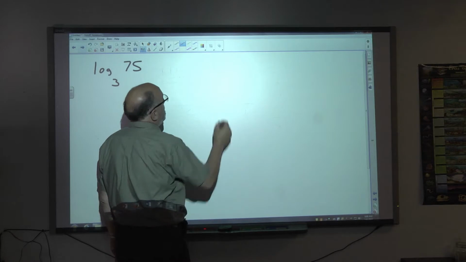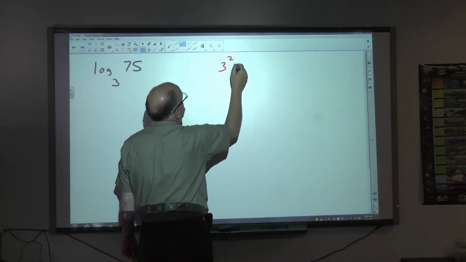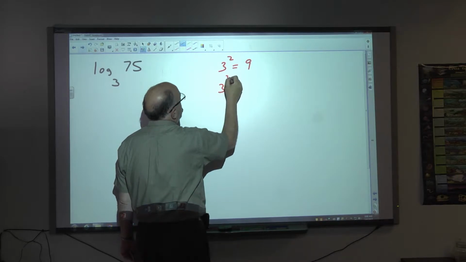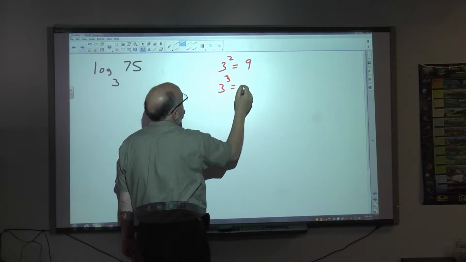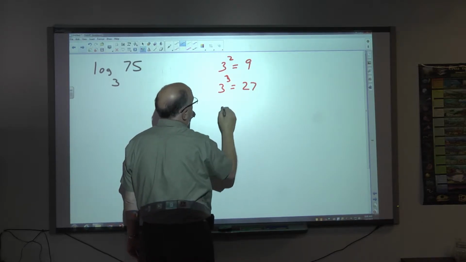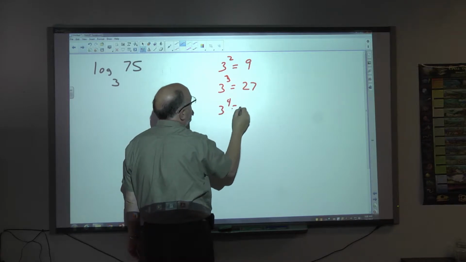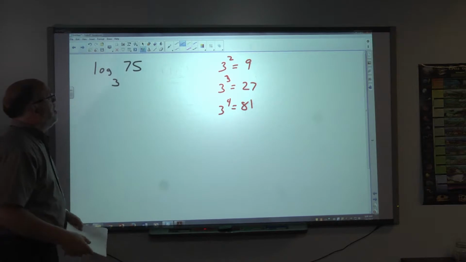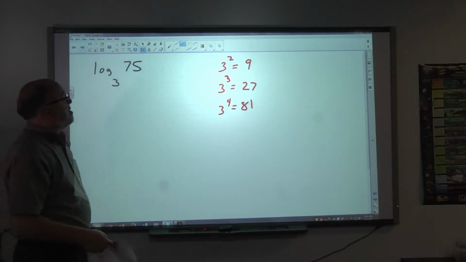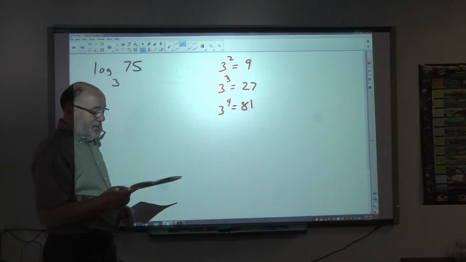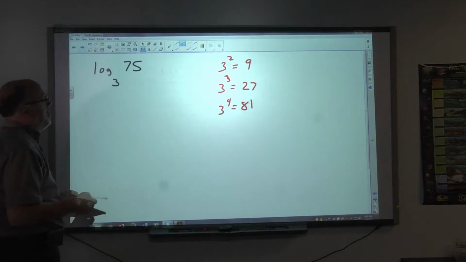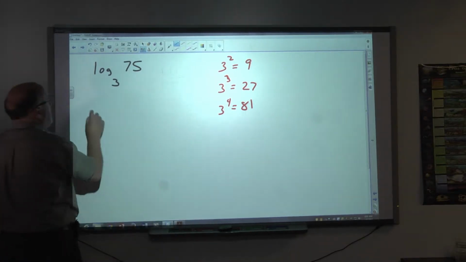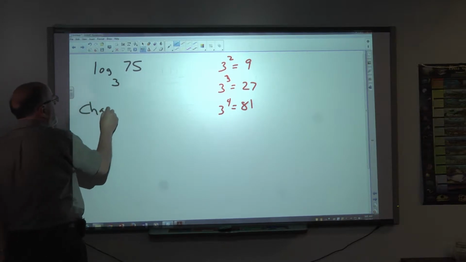I know that 3 squared is 9, 3 cubed is 27, and 3 to the 4th is 81. So I know that this has to be some number between 3 and 4. The way I can get the answer to this is by making use of what's called the change of base formula.